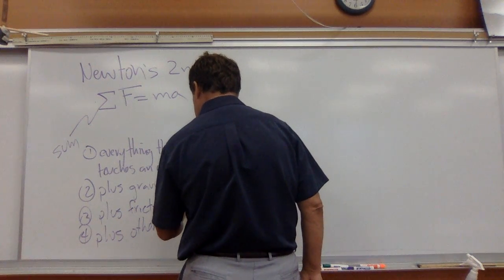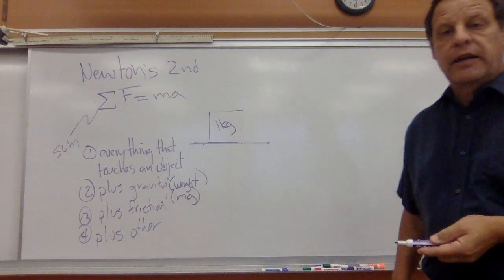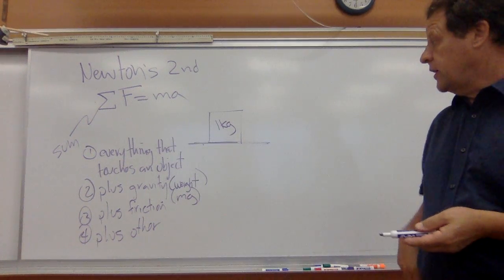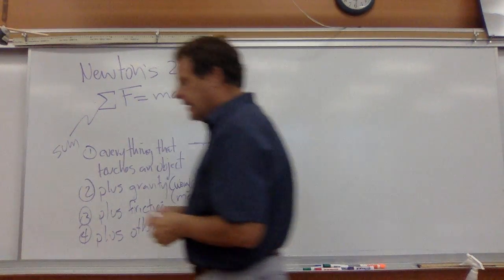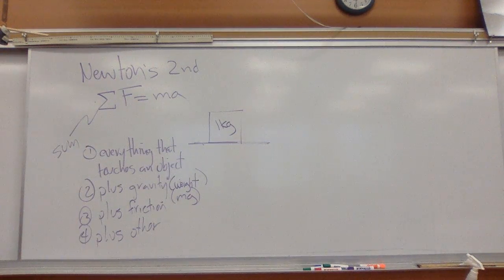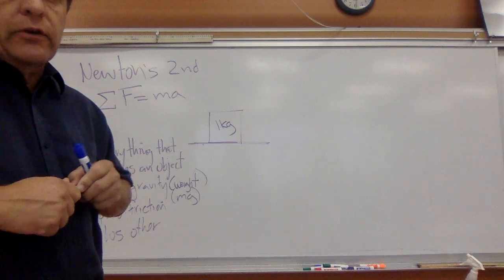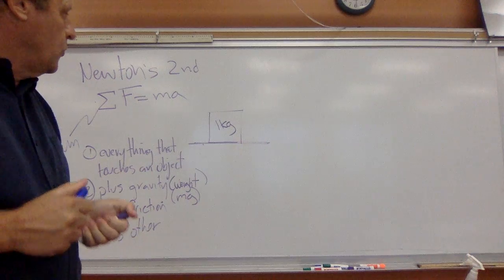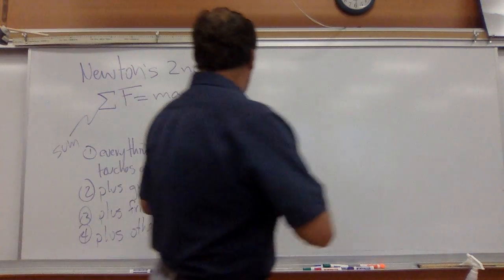And weight is calculated by saying mass times gravity, okay? So just as in the previous exercises, we've talked about forces, and we're going to remember forces are a vector, okay?